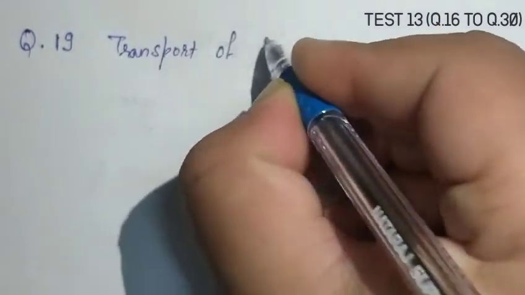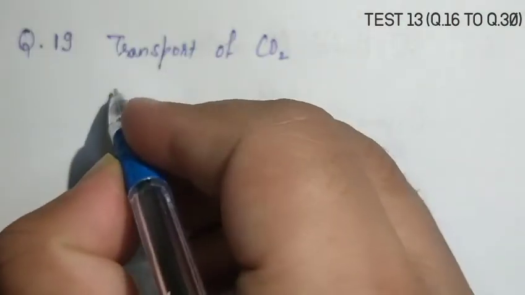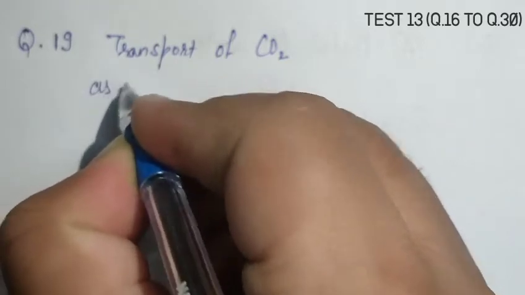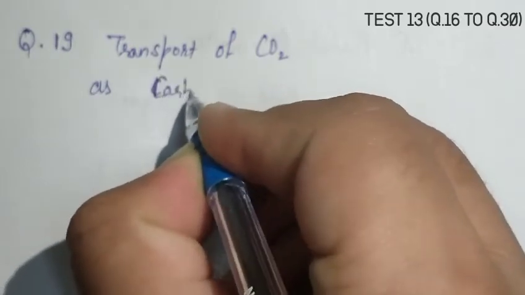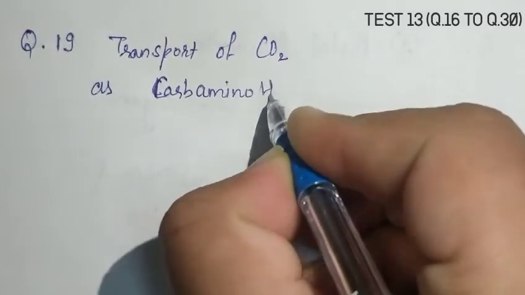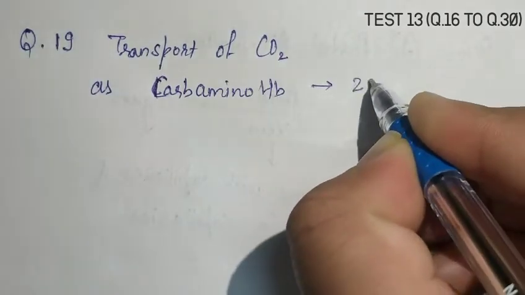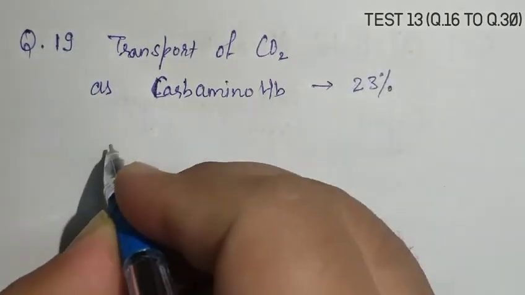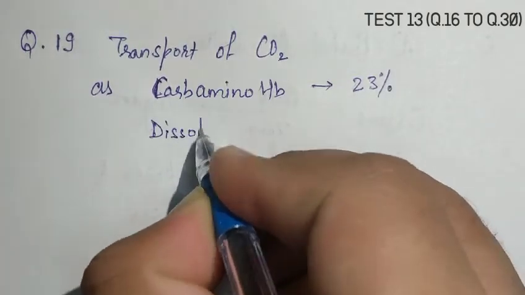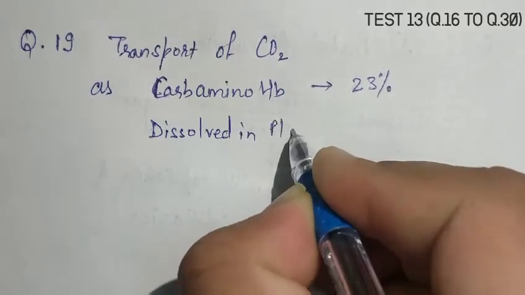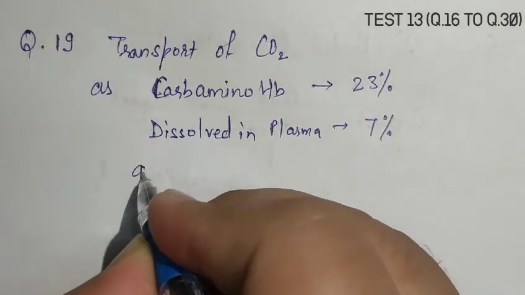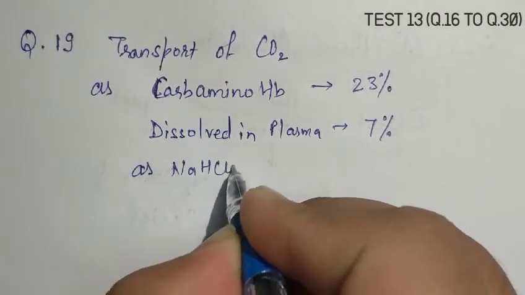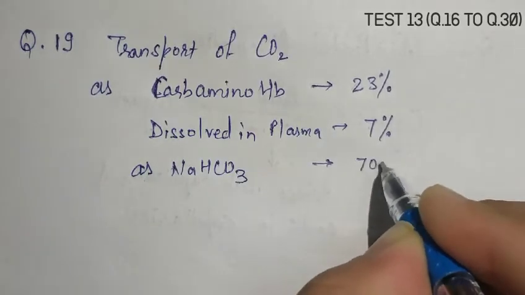Transport of CO2 occurs in three forms: as carbaminohemoglobin, that is 23%, dissolved in plasma, that is 7%, and as NaHCO3, sodium bicarbonate, that is 70%.